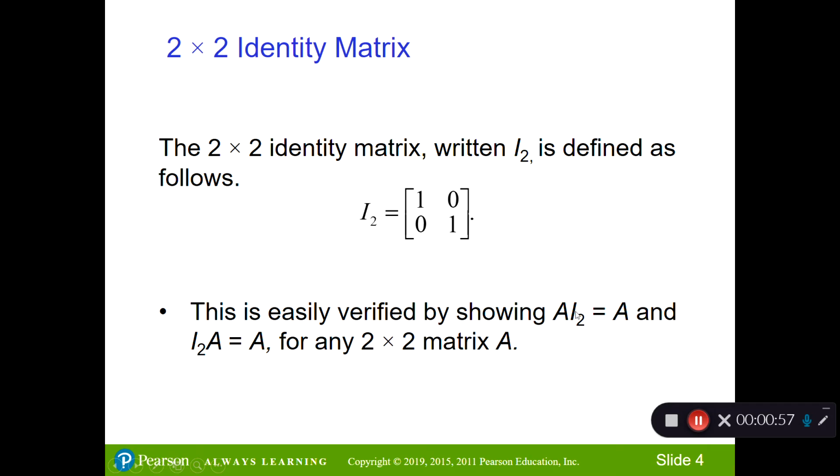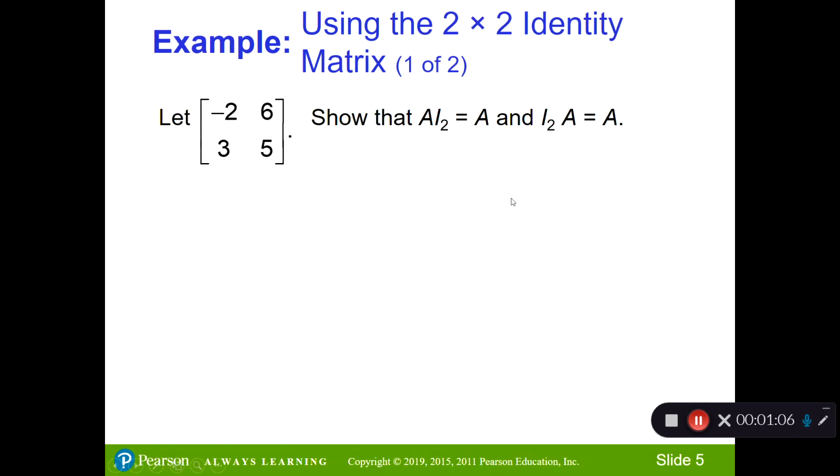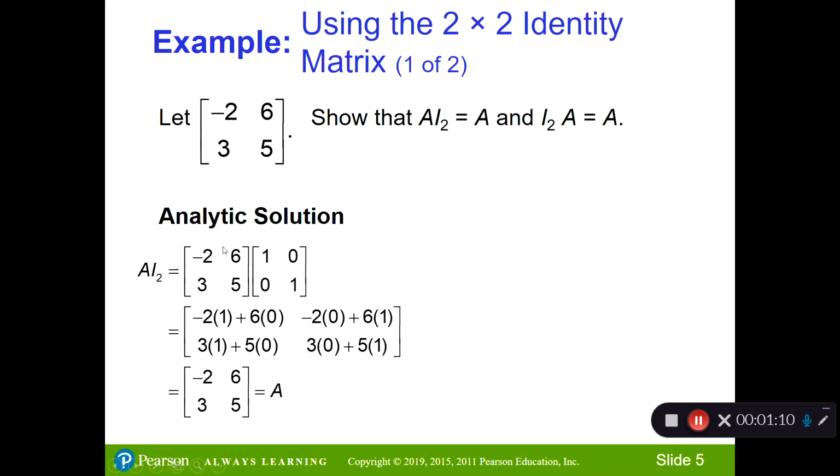And we can show that multiplying any matrix by it will result in the matrix being unchanged. Let's take a look at that. I want to multiply this matrix times the identity matrix. Remember, I take this row times the first column, so negative 2 times 1 plus 6 times 0.